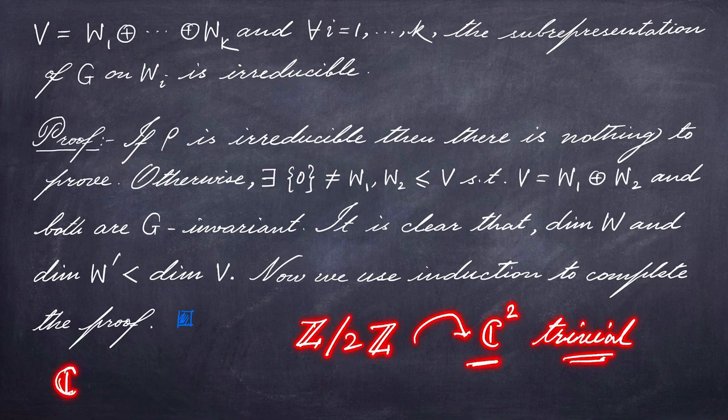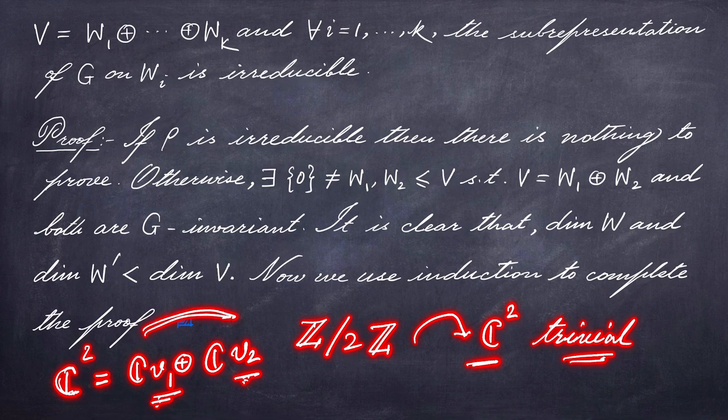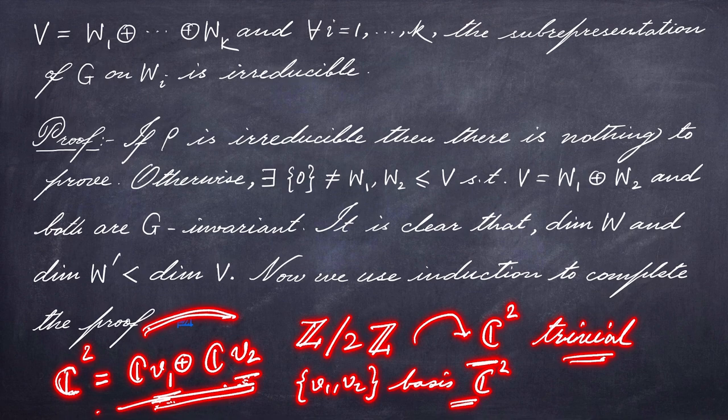Since the representation is trivial, every subspace of C2 is invariant under Z mod 2Z. Whatever basis V1, V2 of C2 we choose, this is going to give us a decomposition of C2 into irreducible subactions. Why irreducible?